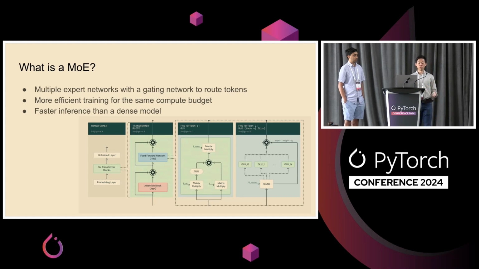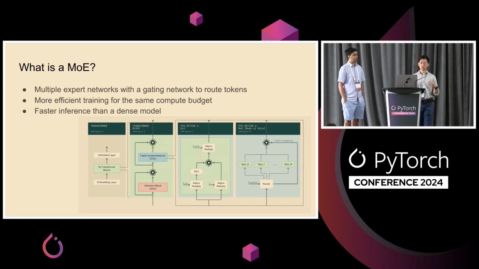Now, once you have an MoE trained, you're also able to get benefits when doing inference. You have faster inference compared to a dense model because, similarly to training, a token is only routed to a subset of experts. So you only need to do a small amount of computation for a given token.